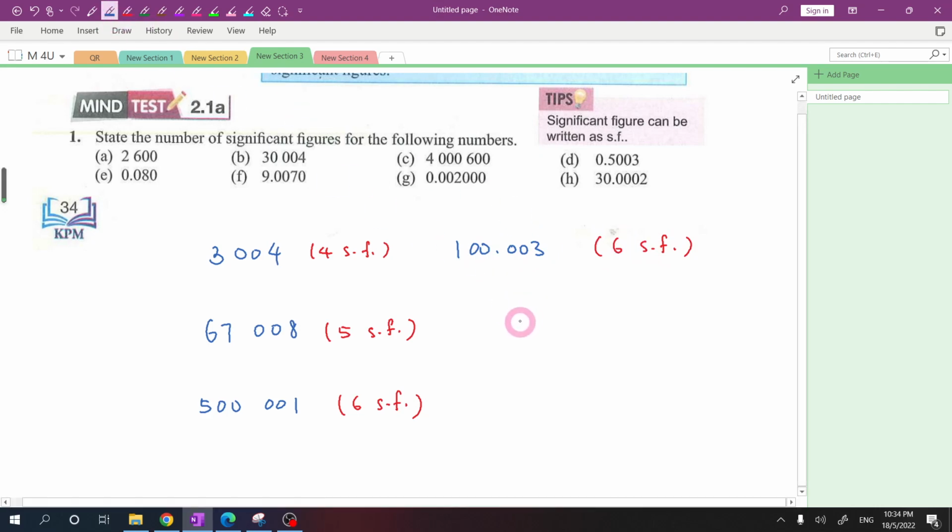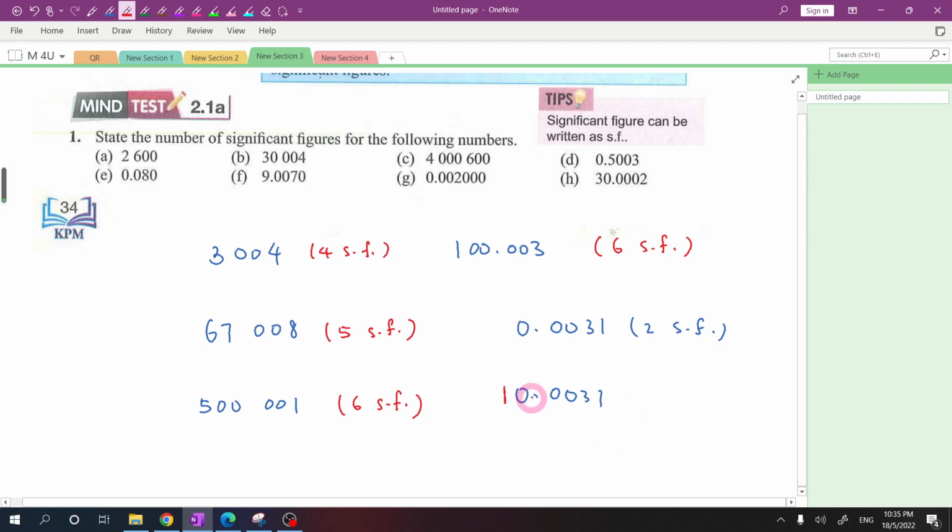Okay, now let's say 0.0031. How many significant figures do we have here? As I told you just now, start counting from the first non-zero digit. We have 2 significant figures, 1, 2. But if I add 1 over here, how many significant figures do we have?